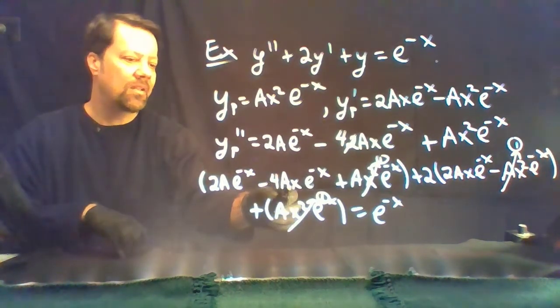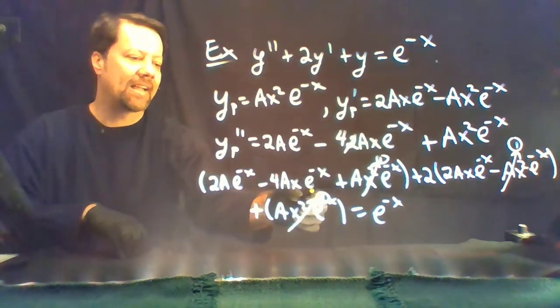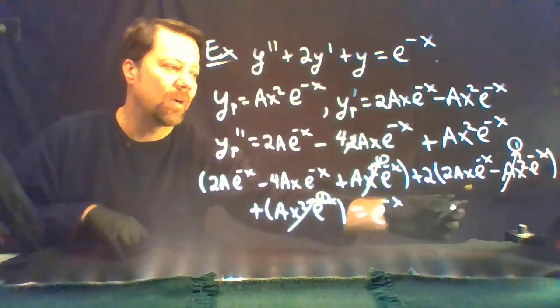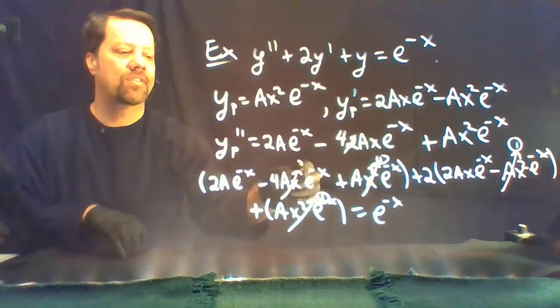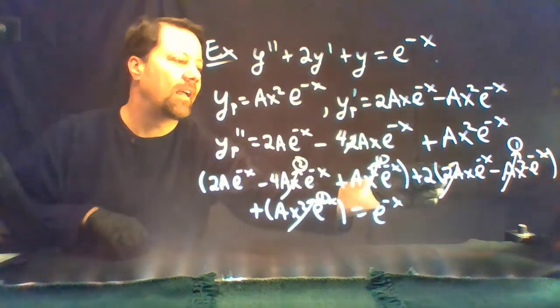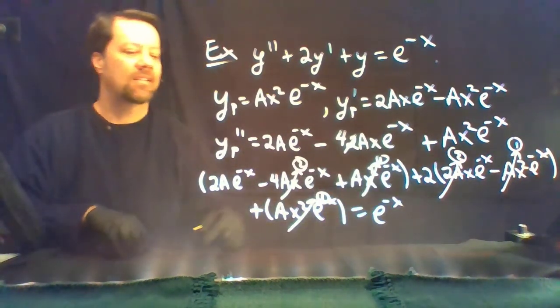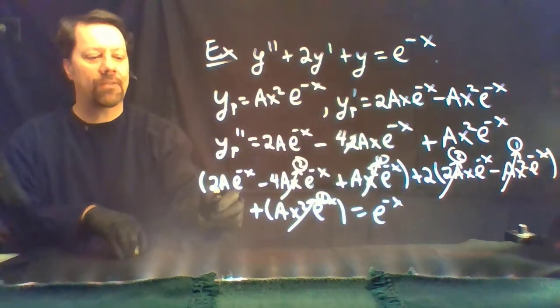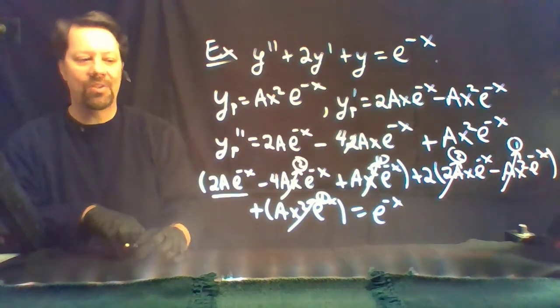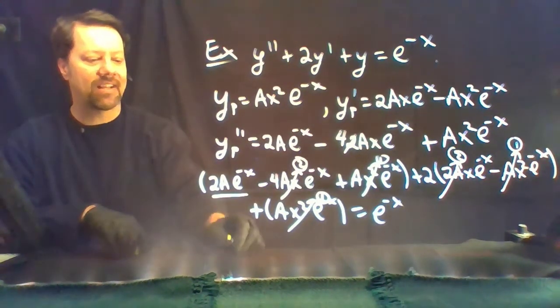Then, here we have negative 4ax e to the negative x and positive 4ax e to the negative x. So this term and this term cancel out. We're left with only this one term, 2a e to the negative x.